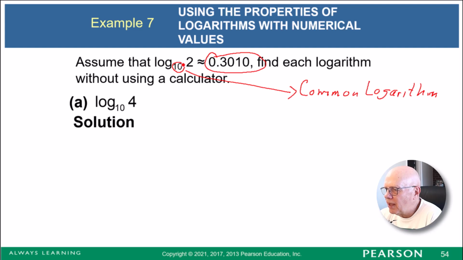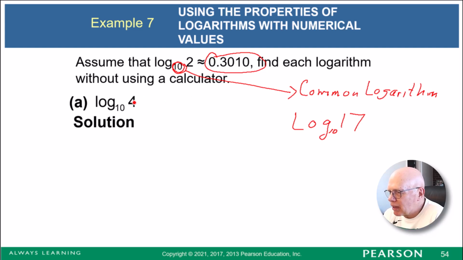Common logarithm if base is 10. If you see something like log of 17, if there's no base showing, it's automatically a 10, which is also what you would get if you looked at a table of regular logarithms.